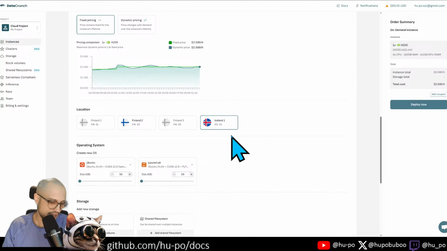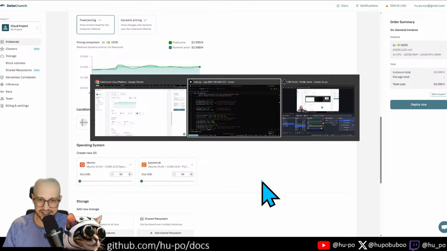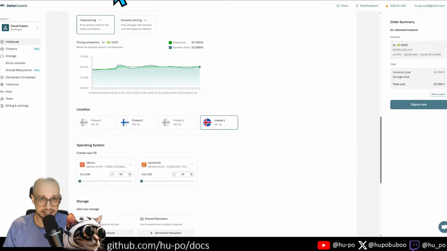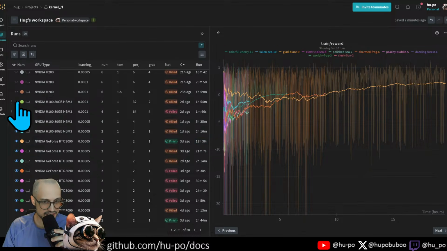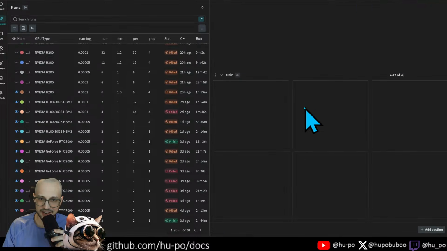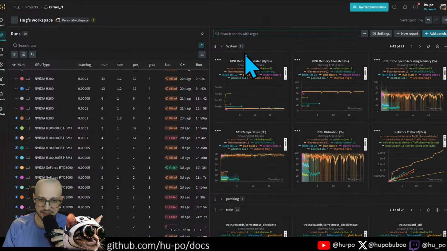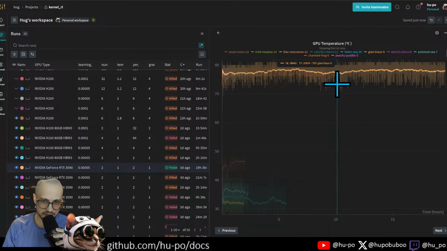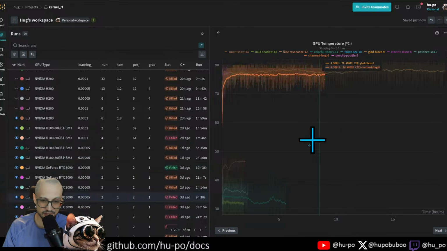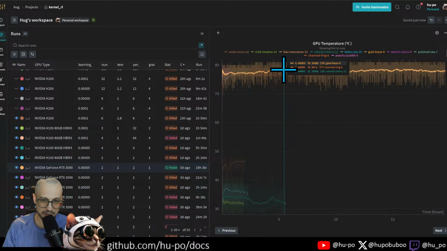So kind of cool. And one interesting thing to look at that I thought was a little bit entertaining here is the temperature. If we look at these H100s and an H200, and now let's go up to the system and look at the GPU temperature. Look at this. This is the difference between a professional data center and my GPU at home.